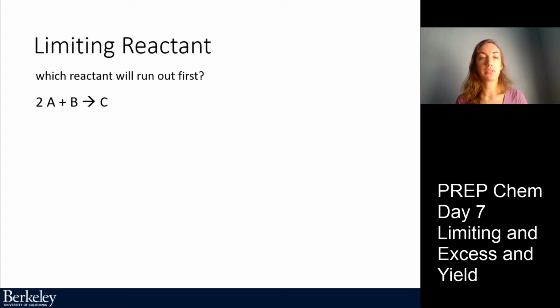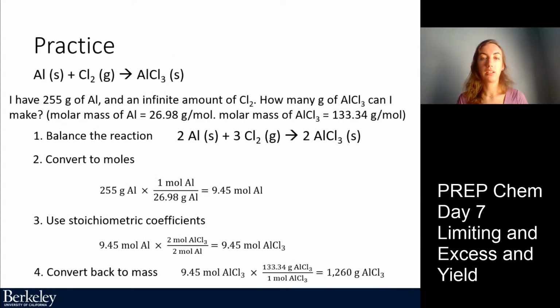So if I have this reaction 2A plus B... okay, there's a question on the previous slide about what we're trying to do here. Honestly, I think what I'm about to do is going to answer that.